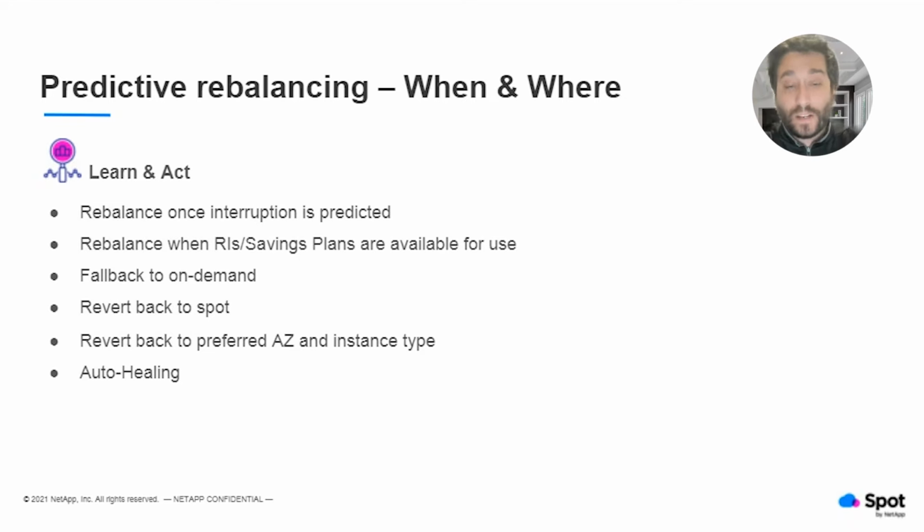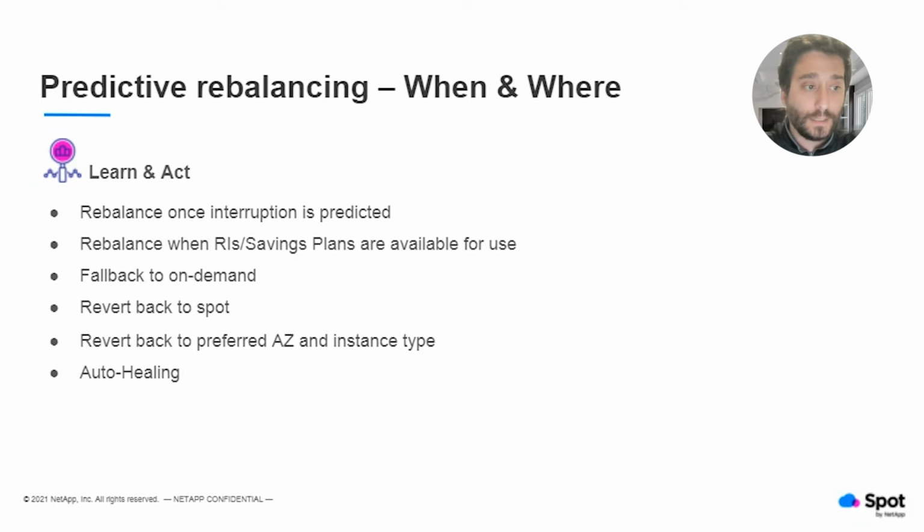And if we are running right now on a non-preferred type or non-preferred AZ, although it is configured in the group, because the availability was not good enough, because the score is not good enough, or because the cost aspect is not as good as it could be, we can revert back to the preferred AZ and instance type once they become healthier.